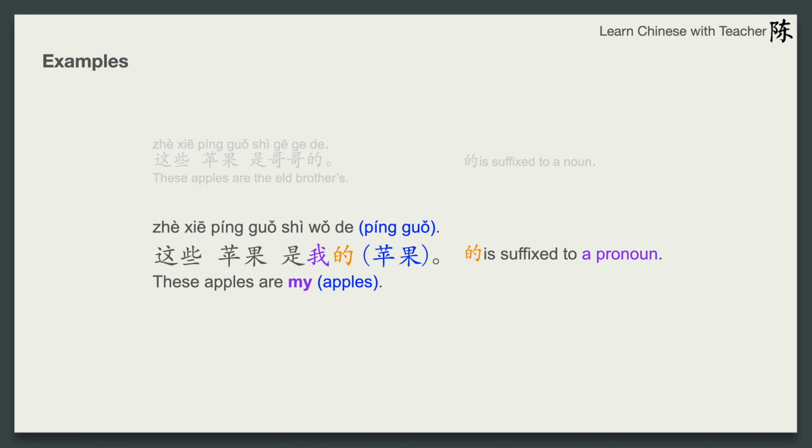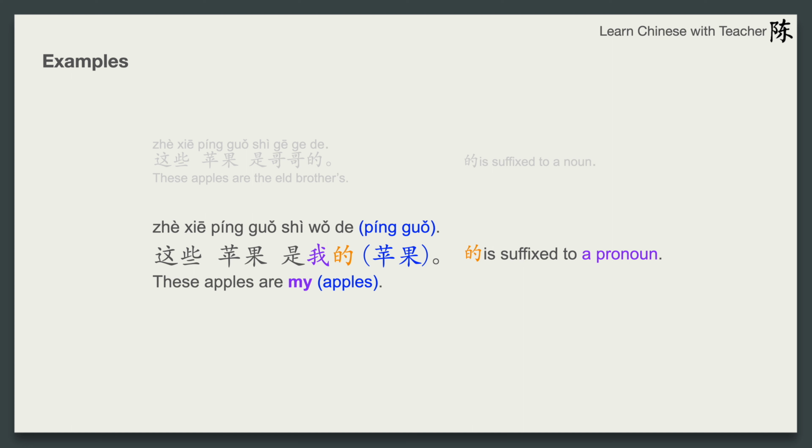And the head word of this 的 phrase is 苹果. If we say 苹果 in the sentence, in English, we would say, these apples are my apples. In this sentence, 我的 means my, and it is used as an adjectival possessive pronoun.